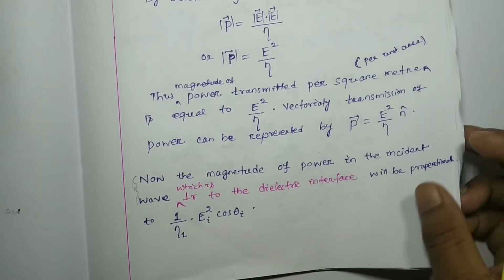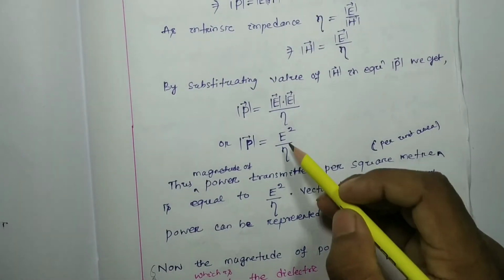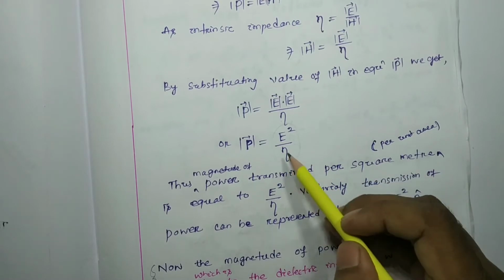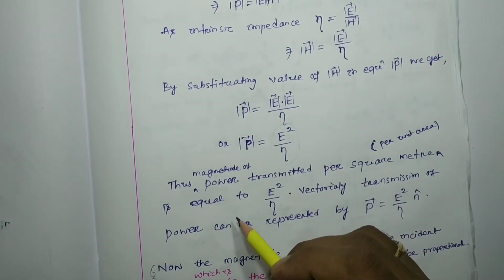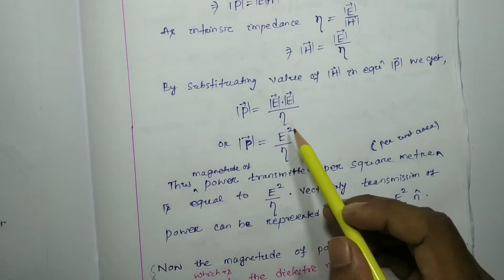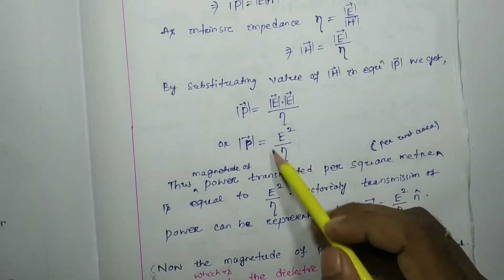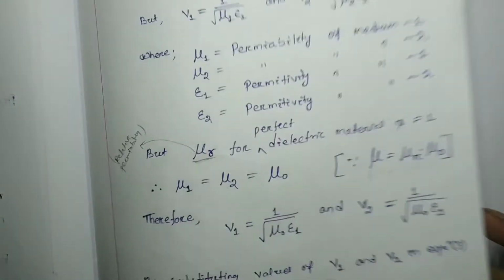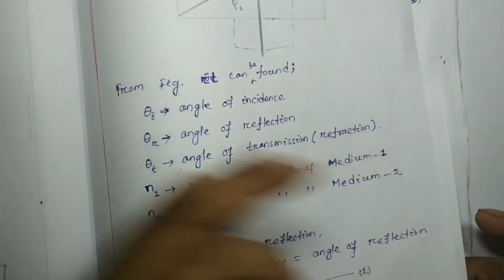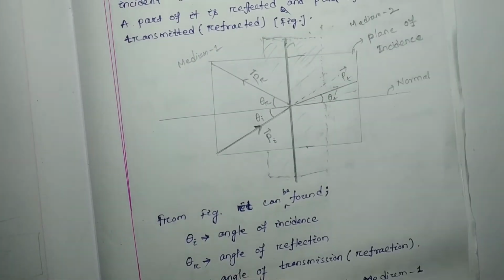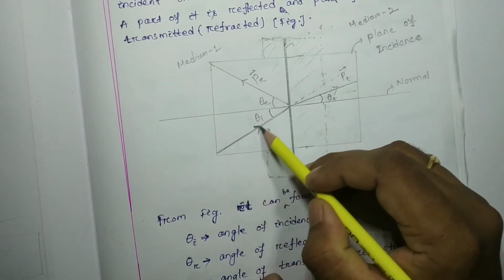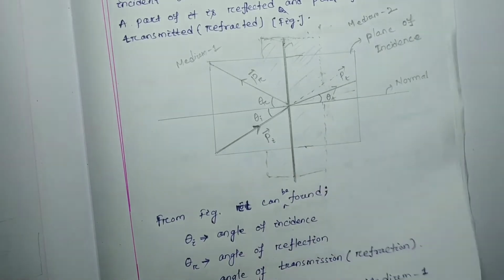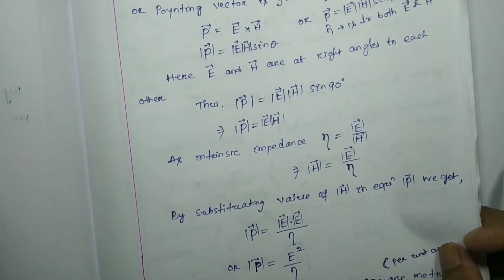So here we found this is the magnitude. In general, this is the magnitude of the power per unit area of an electromagnetic wave, right? Now we are going to consider the incident electromagnetic wave. Carefully watch: if this is your incident electromagnetic wave, then Pi will be how much?